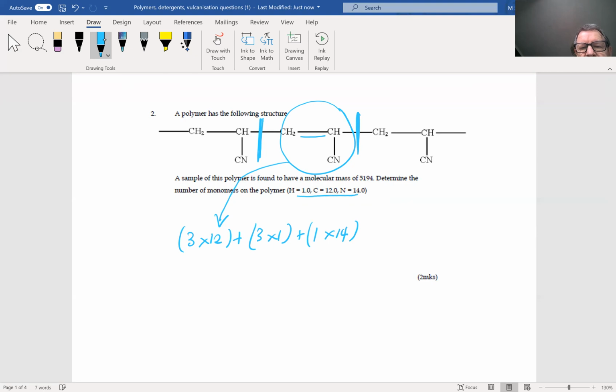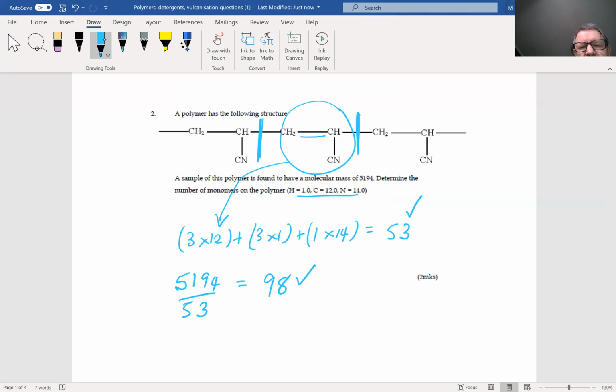They give you the RAMs here. That's going to equal 53. Of the 2 marks, one of them is for just doing that. Then you go, okay, if the whole thing weighs 5194, then how many 53s are there in 5194? And it's 98. Do the calculator. And that's the second mark.